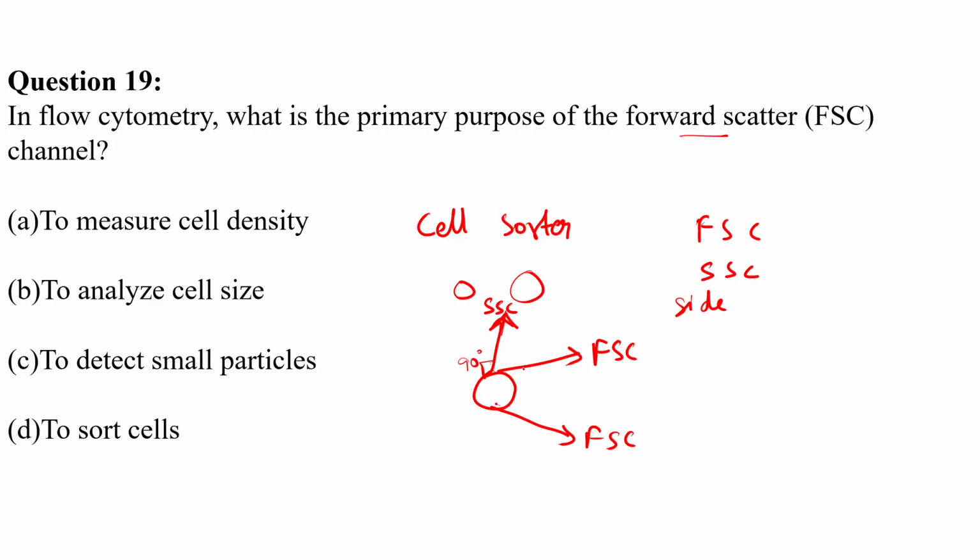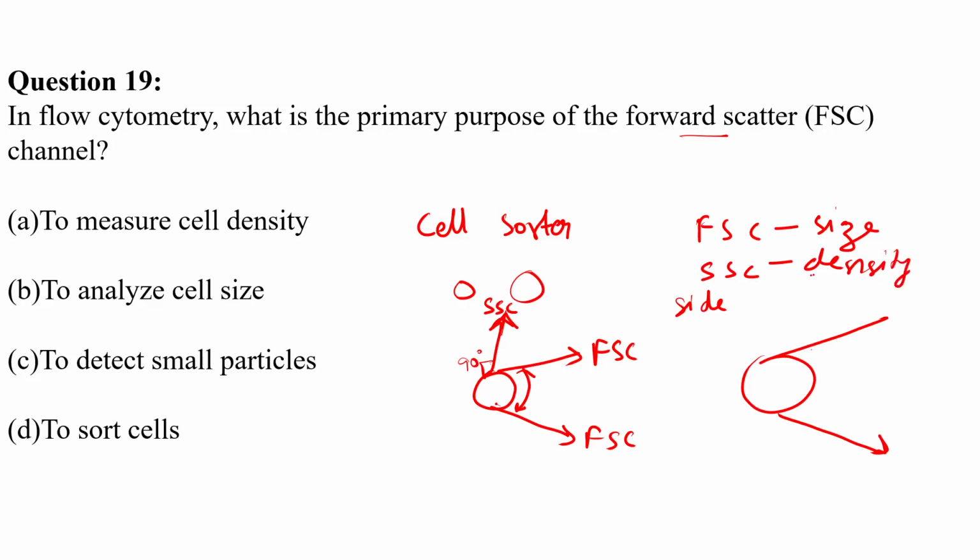Now you can see logically that the forward scatter depends on the size. If I have a bigger particle, the forward scattering will be larger. If I have a smaller particle, the forward scattering will be smaller. The side scattering, however, depends on the cell density. So forward scattering measures the size and side scatter measures the density.